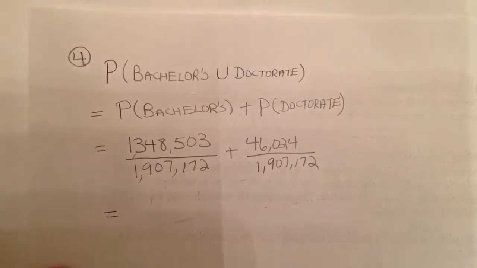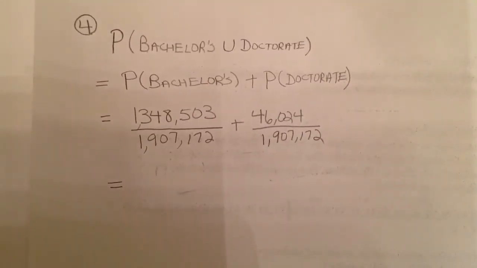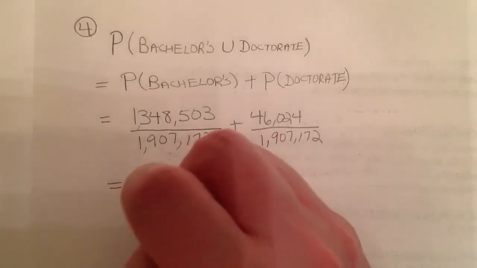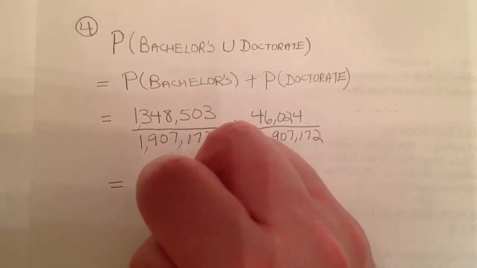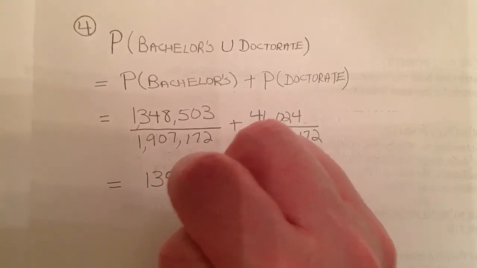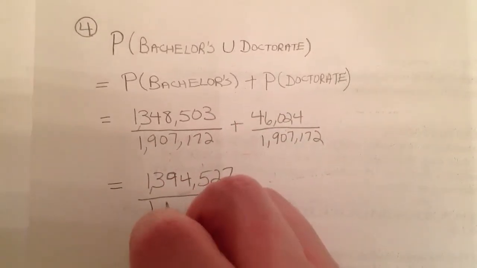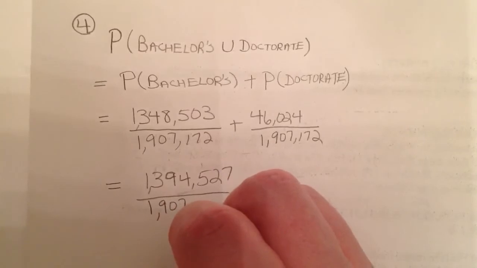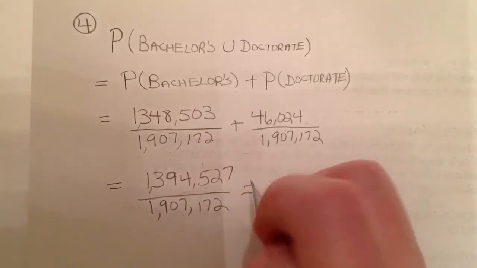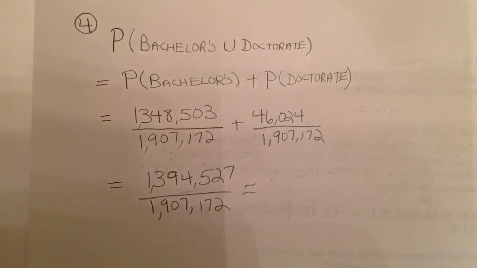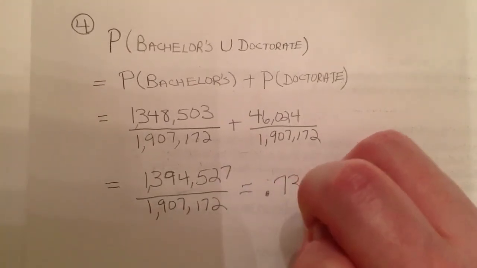So the combined total in this particular case is 394,527, again out of all the 1.9 million plus degree recipients. So this would be the ratio. And as a decimal value, this comes out to about 0.731, about 73.1%.